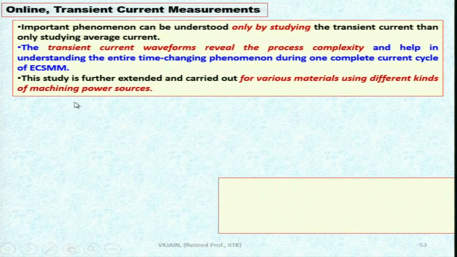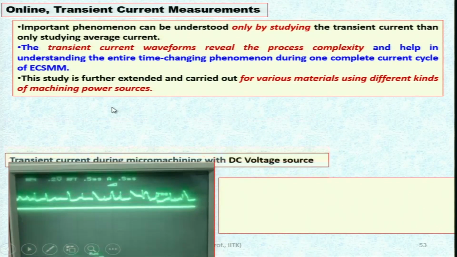This study is further extended and carried out for various workpiece materials, using different kinds of machining power sources that I have mentioned to you in the earlier lecture also. Power sources, that is pulsed power sources which may have rectangular pulses, sinusoidal pulses or triangular pulses.